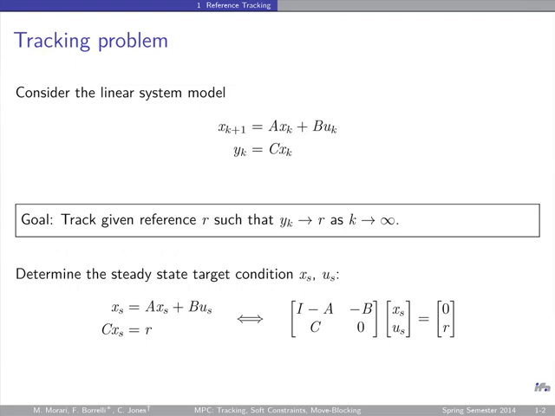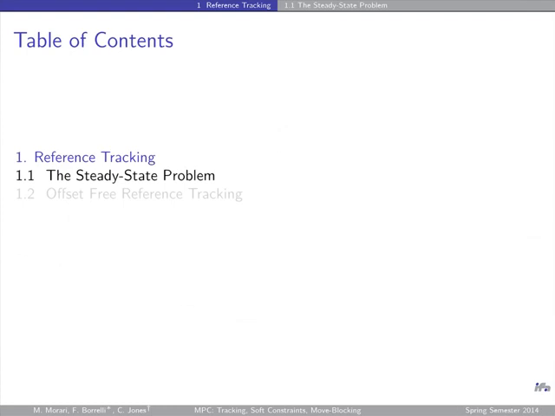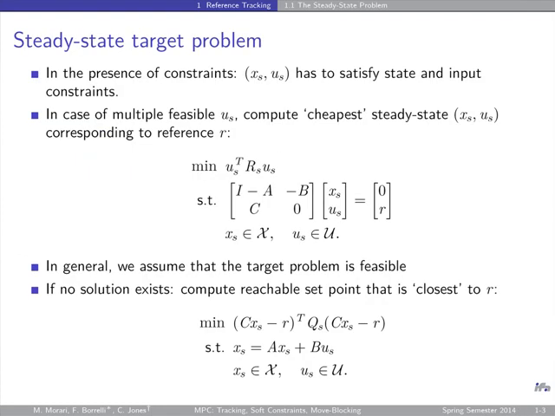And that's what goes on in the next slide, the steady state problem. So we have here repeated exactly the system of equations that I gave you on the last slide. And we say now, okay, what if the system has not one solution, but actually has many solutions? So this would be, for example, the case when the dimension of u was m, and the dimension of y was p.